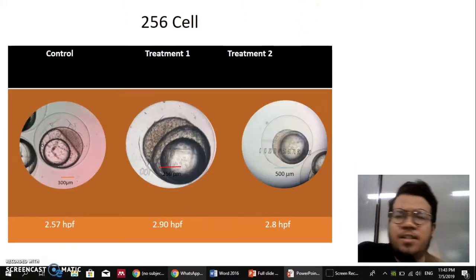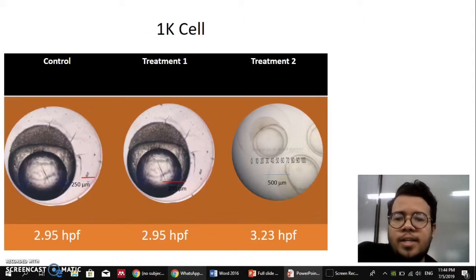So this is the 256 cell development, which can be seen that almost all have an average time. For 1K cell, treatment 2 took the longest time to achieve, while control and treatment 1 have quite the same time.